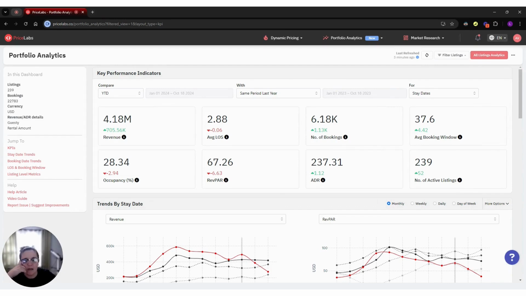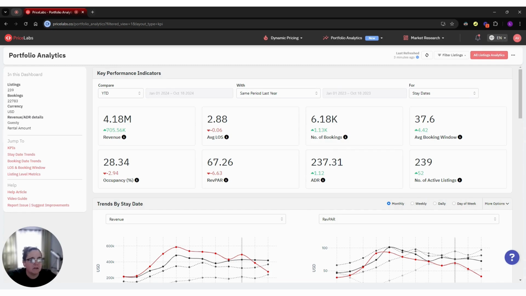A couple of really good things to look at is going to be things like your average booking window. I know, of course, revenue, length of stay, that kind of stuff is really important as well, but I think average booking window is a little bit underutilized. For example, if you're in a market where people are typically booking just 7 days in advance, that gives you a lot of really good insights, right?